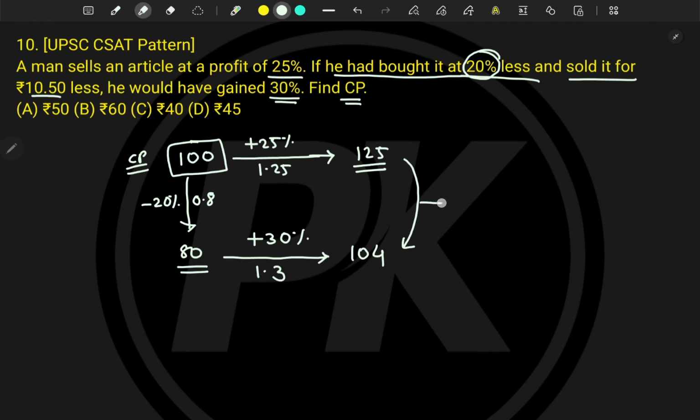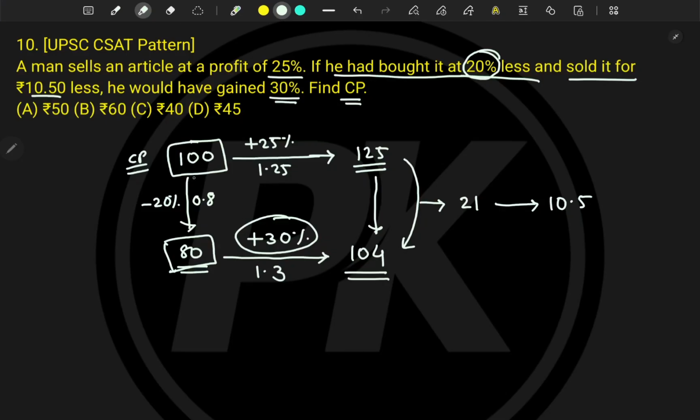That means this difference is how much? It is 21, right? That means 21 is equivalent to 10.5, right? Even if he is selling at 21 rupees less, he could have gained 30 percent profit when the cost price is reduced by 20 percent.